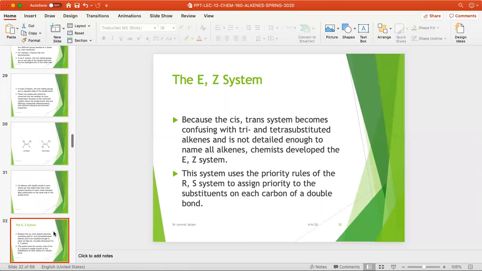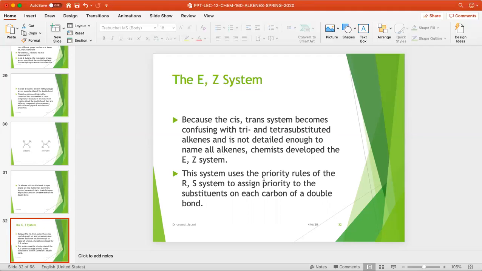Now we come to slide number 32, in which the E and Z system is being explained. हमें पता है कि cis और trans system जो is there, but sometimes the cis and trans system becomes confusing with tri- and tetra-substituted alkenes and is not detailed enough to name all alkenes. So chemists developed another naming system, which is known as the EZ system.